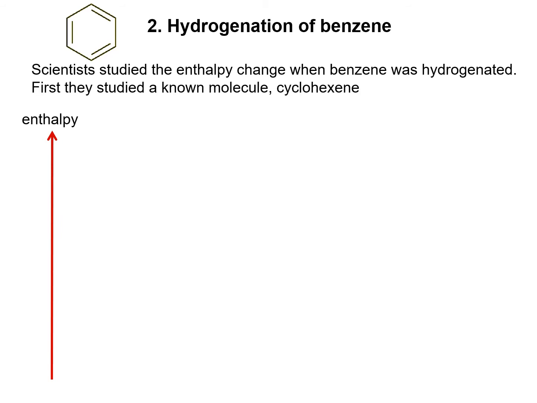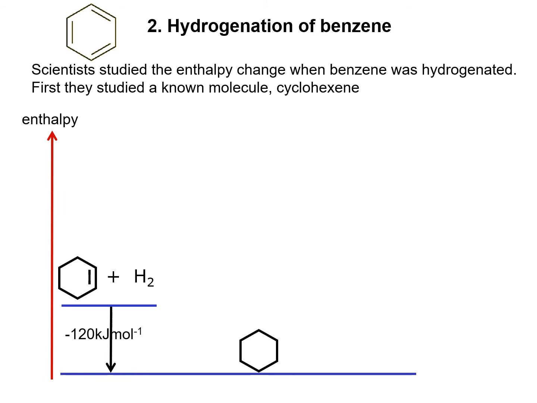Now, cyclohexene at the time was considered to be very similar to benzene because the Kekulé structure says basically cyclohexene has one double bond, benzene has three. That's the only difference. So they measured the enthalpy change when they hydrogenated cyclohexene. And they found the enthalpy change to be minus 120 kilojoules per mole of energy released. Remember, a negative enthalpy change means energy has been released.